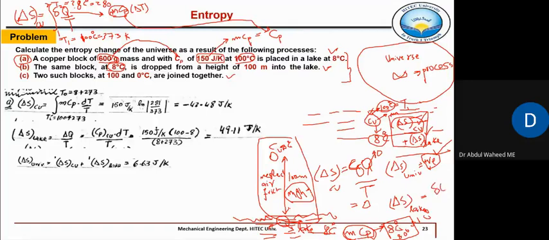And what is this del Q? That is the energy which is transferred from the copper in this form, और कॉपर की एनर्जी क्या थी, mgh. ये एनर्जी थी ना इस पॉइंट के ऊपर, which is actually transferred here to the lake, अगर हम एयर फ्रिक्शन को नेग्लेक्ट करते हैं. Otherwise some of it would have been lost here to overcome the air friction.